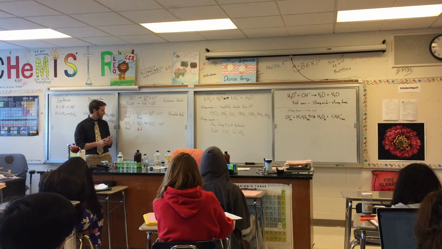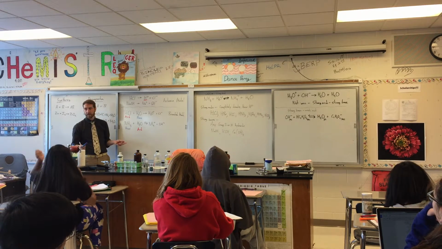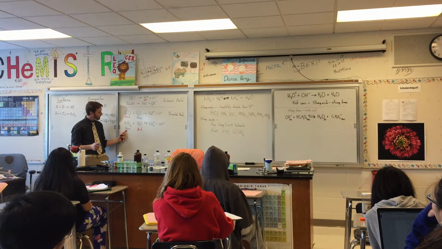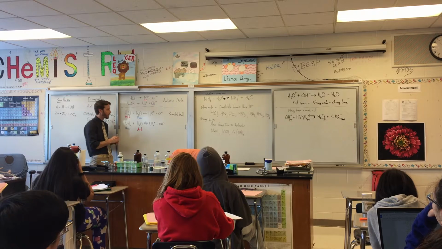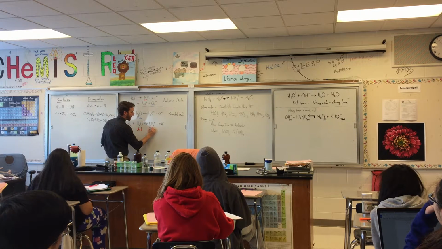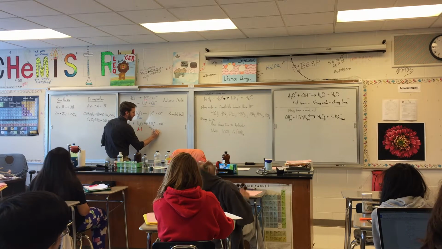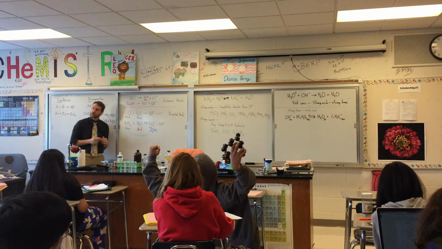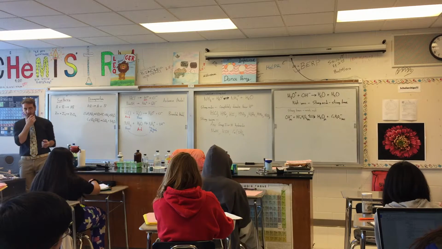If it donates its proton, it's being an acid. But because it's an acid that came from NH3, we call it a conjugate acid. It's what the base turned into after it accepted a proton.